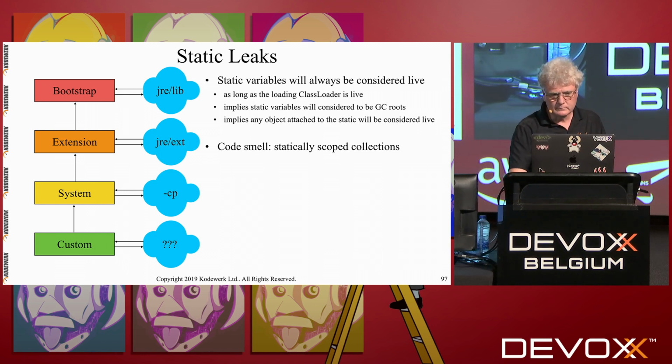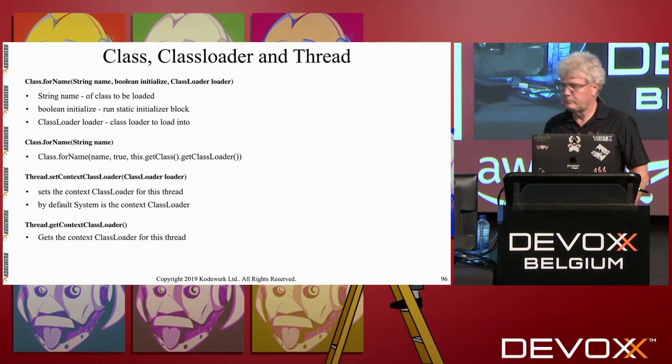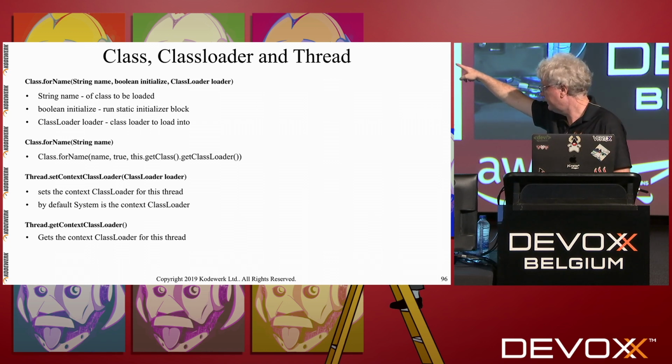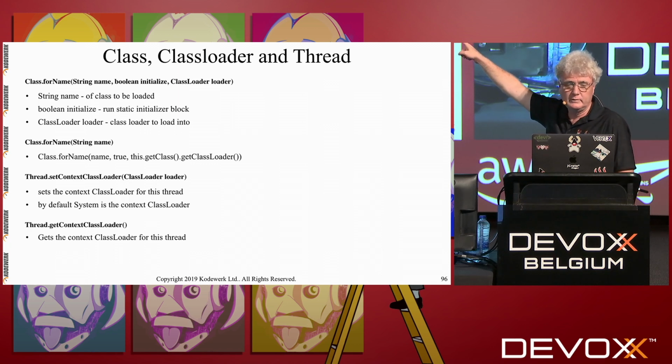Can I just go with a slight aside here with this class loader thread thing? So generally, most people will take the second form when you're dynamically loading a class. You say Class.forName, string name. What I've always suggested is that form of loading classes should be deprecated, right? You should always favor the first version, and in the first version you're actually going to name the class loader.